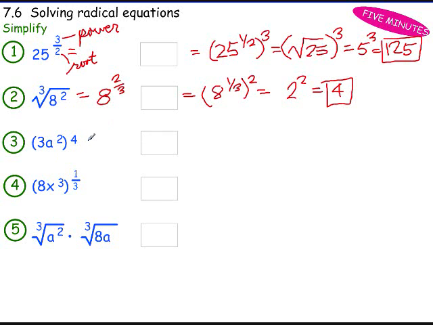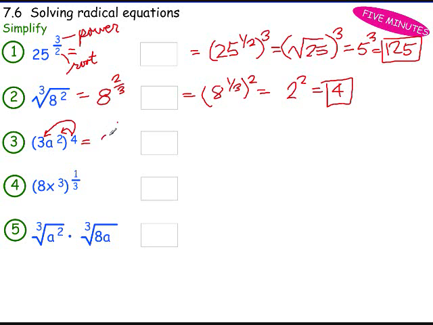Let's try this one. This one's one that you could easily get mixed up on, because you have to think very carefully about how you apply this. You're going to distribute that power of 4 to the variable and also to the coefficient.